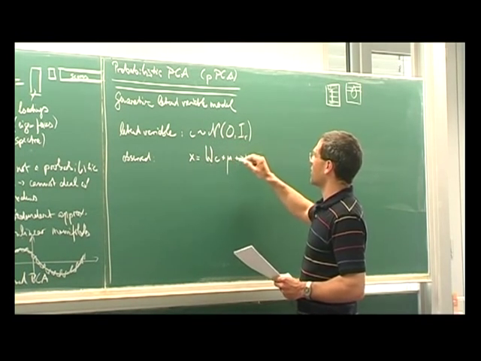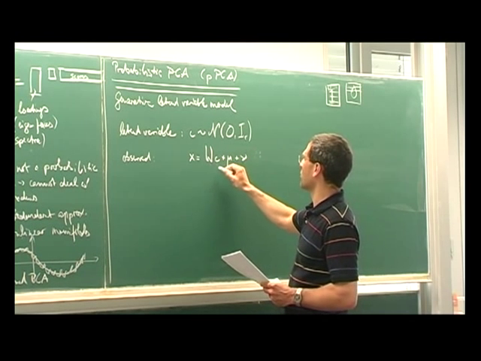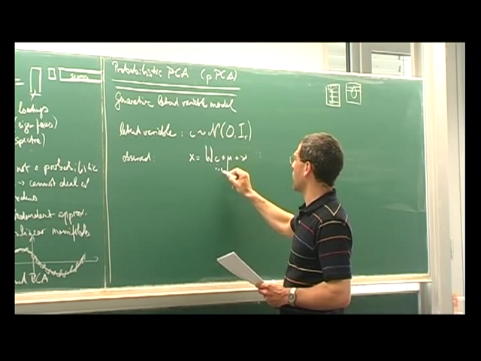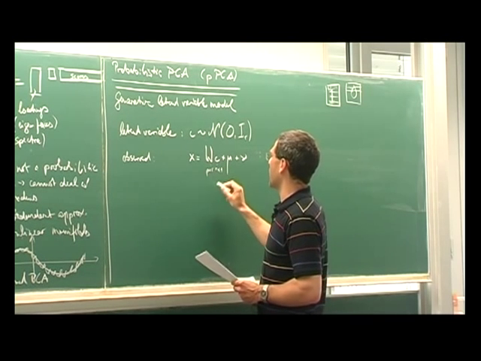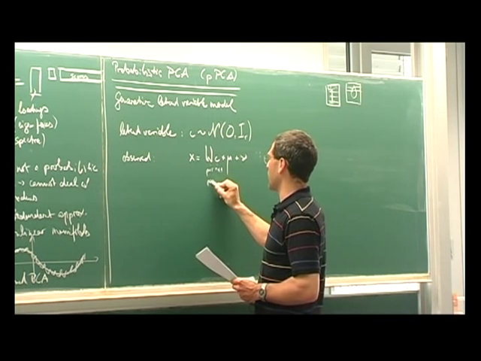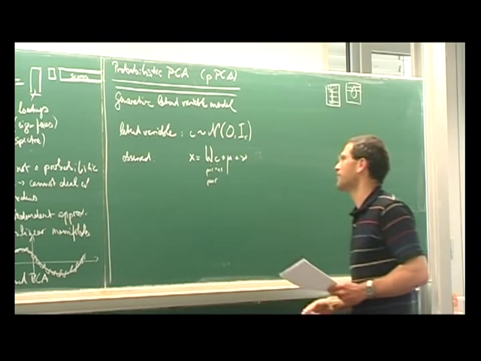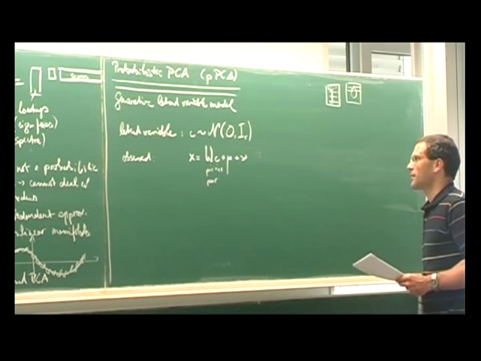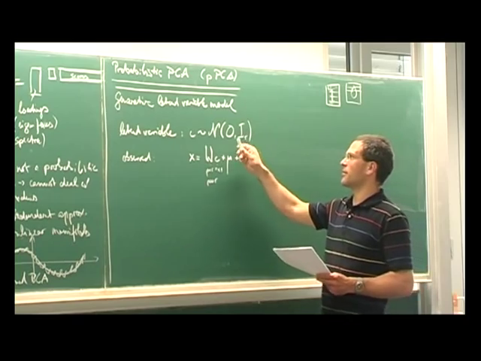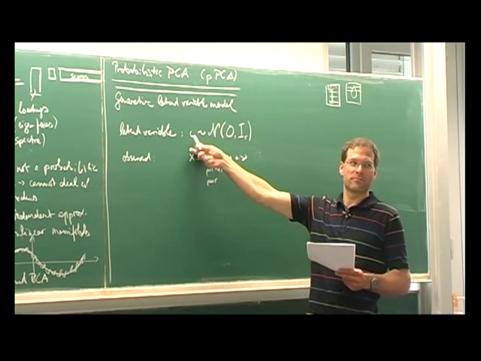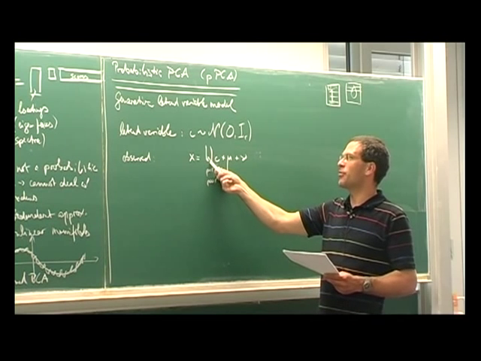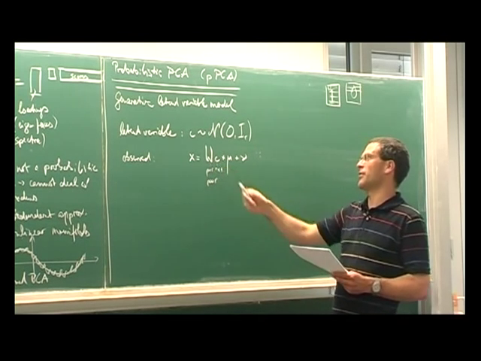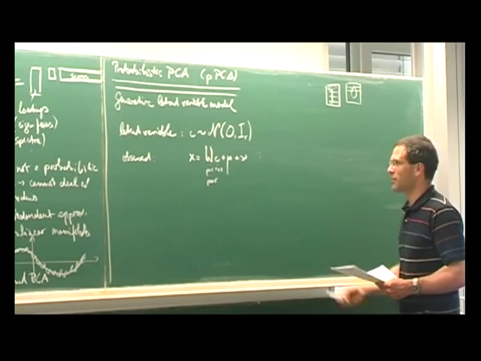So C itself was of rank R by 1, and W is of rank P by R, where P can be much larger than R. So we generate a standard normally distributed random variable, and then we project it, this is an affine transformation, into a higher dimensional space.